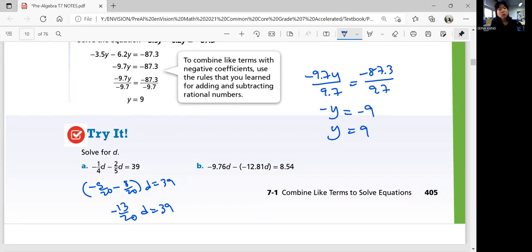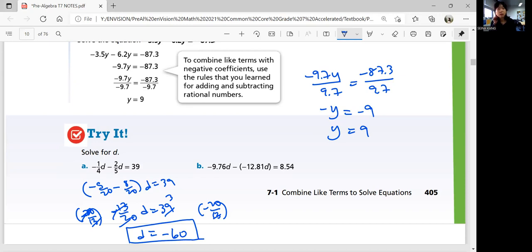And so you're going to multiply negative 20 over 13 on both sides. And then you have D is equal to, that's 3. So negative 20 times 3 is negative 60. So D is negative 60.